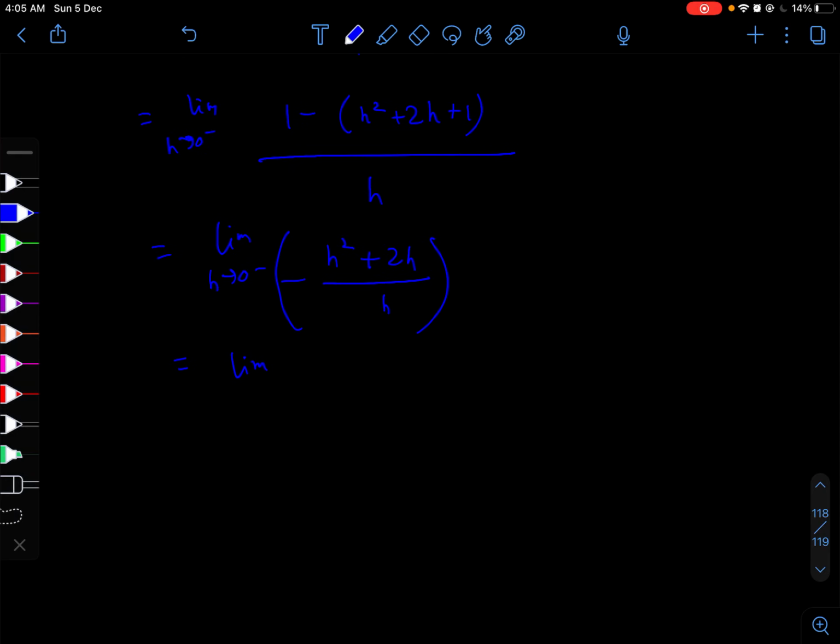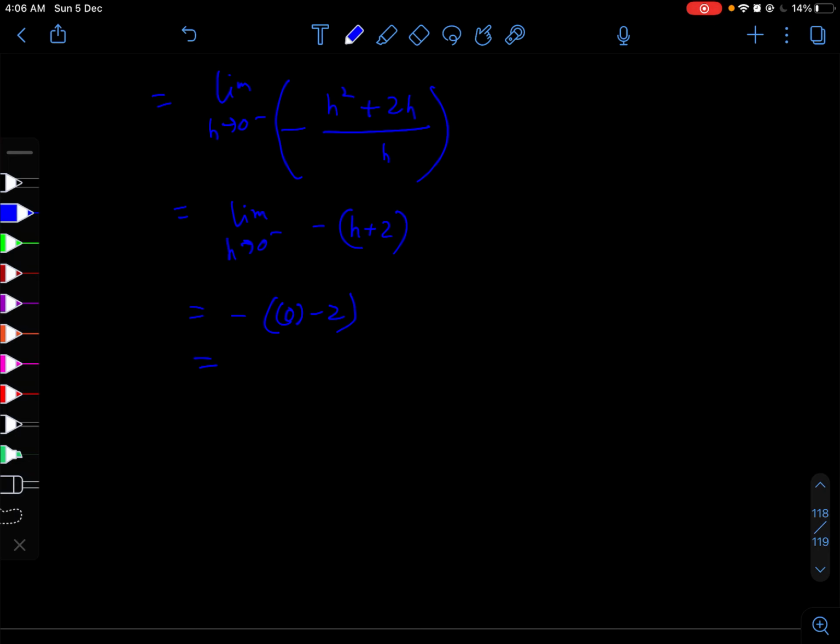So here we can cancel the h because we're just approaching h is equal to 0 minus, it's not actually 0, so we are allowed to cancel the h's if we choose to. So here we can write this as this, and now we can just substitute 0 in the place of h. So we get minus 0 minus 2, minus of 0 plus 2, which is minus 2.